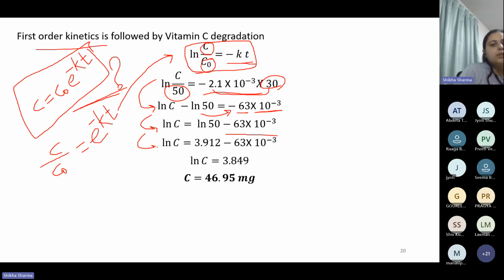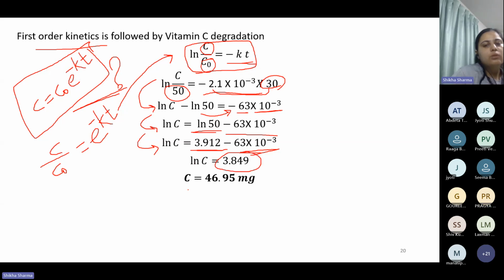So ln 50 means 3.912 minus 63 into 10 to the power minus 3. After subtracting this, we get 3.849. This is the ln C value.